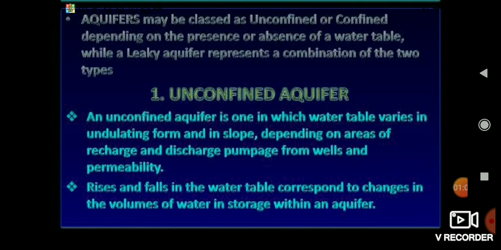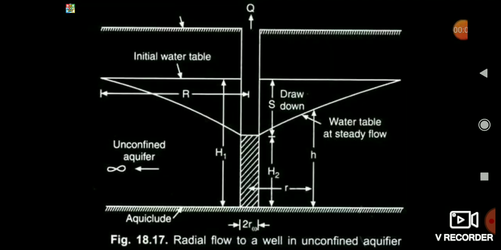The unconfined aquifer is the top layer of the aquifer which contains the water table and which is used for the recharge of groundwater, and it is also used for the pumping of water from the wells. So this aquifer has a diagram like this.